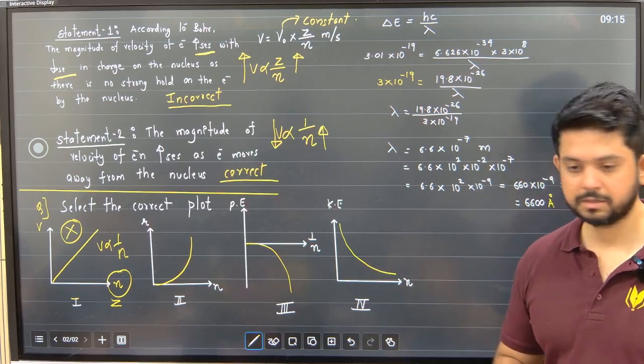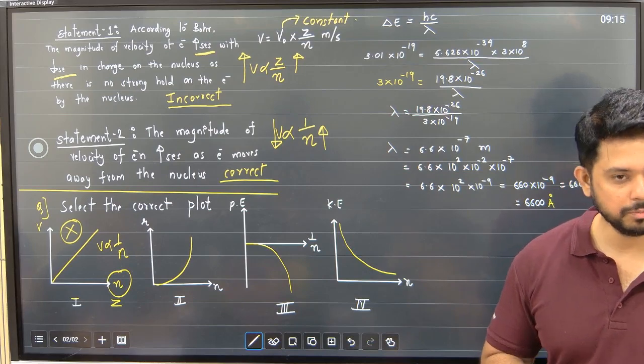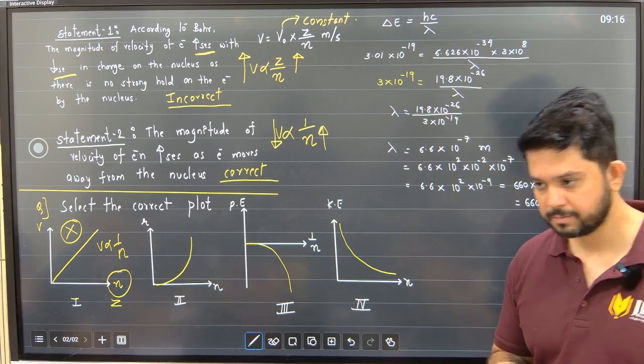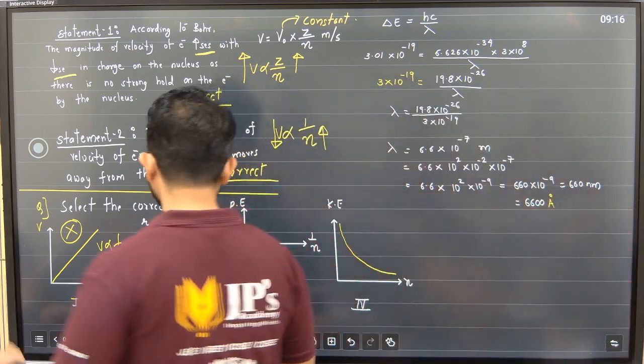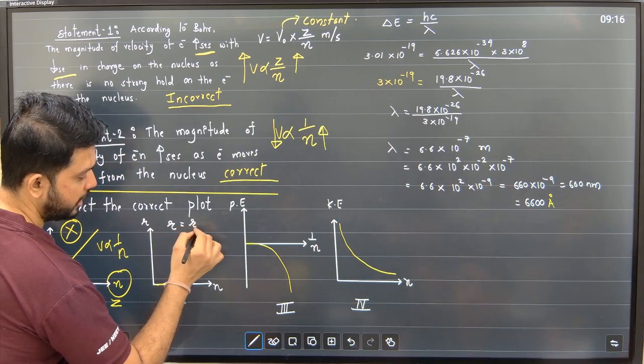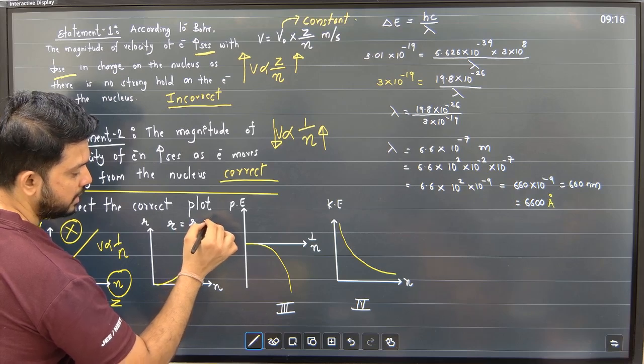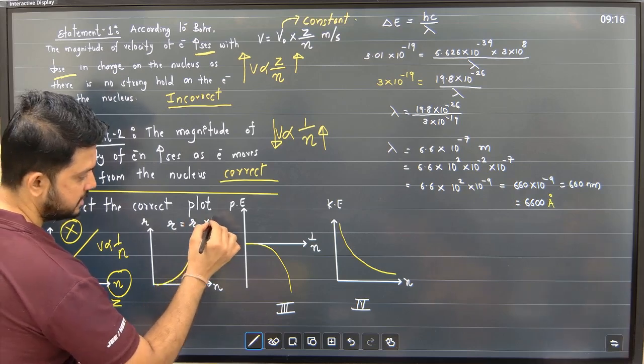Second, radius versus n. What is the formula for radius of Bohr's orbit? R is equal to 0.529, उसको मैं r0 लिख देता हूँ, into n square by z.